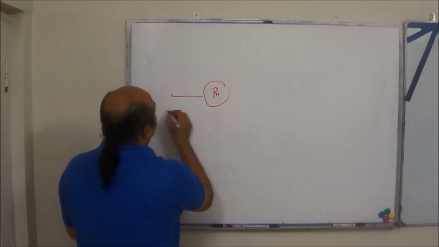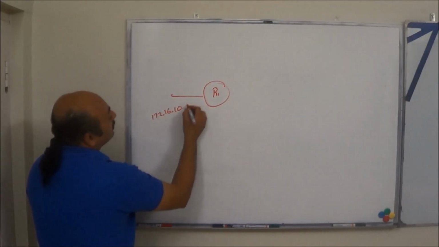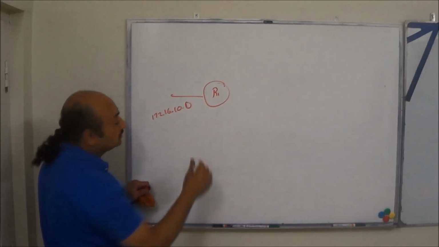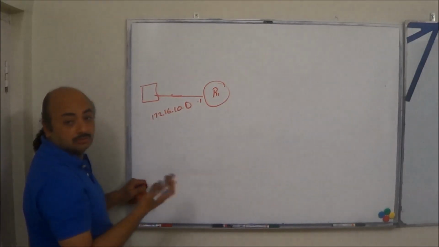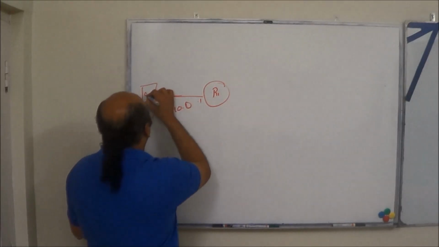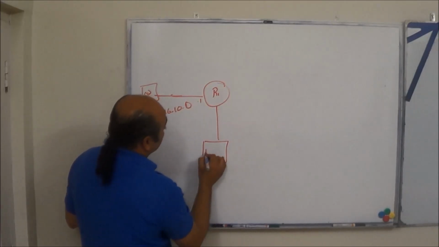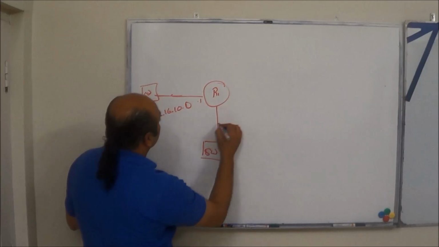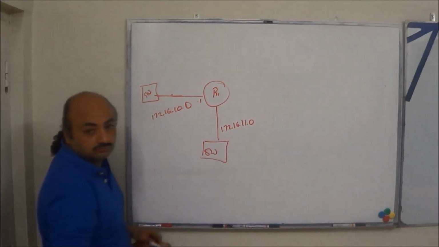R1 has 172.16.10.1. This is the 10.0 network. For now, I am just making the switch here. Again a switch to this, 172.16.11.0.